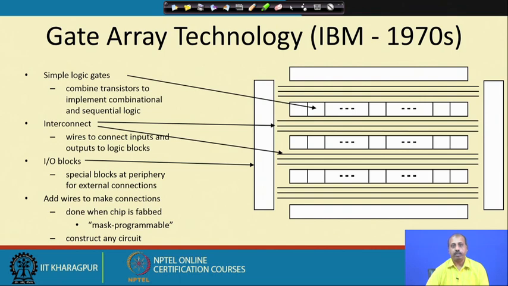The final stage of connection has to be done at the fabrication house itself, after the design has arrived at the fabrication house. The remaining part is fabricated, and only when the design comes and the connections are determined, the final metallization stage is carried out, and it establishes the connection between the logic elements. So, it can be used for constructing any circuit.